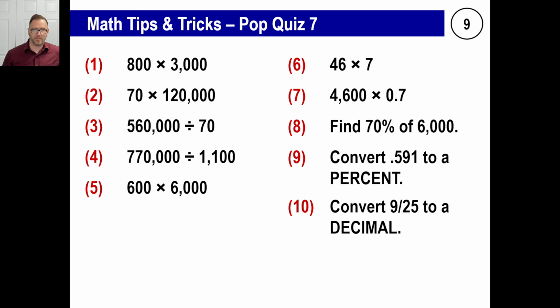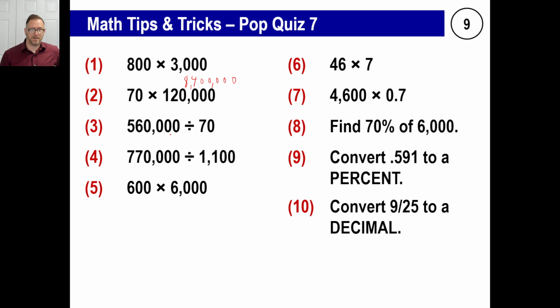First one is a 24 with 5 zeros, 2,400,000. Number 2, we've got an 84 here with 5 zeros.